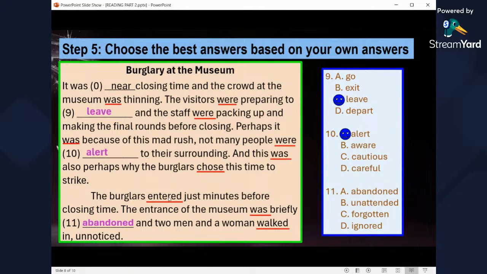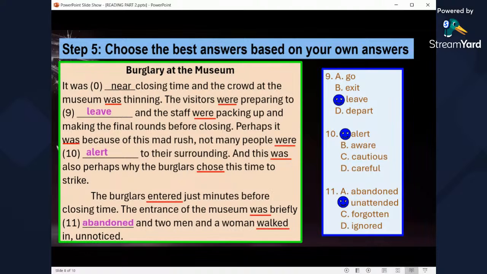Okay, let's look at the last one. I know the abandon is here, but the answer is unattended. Did anybody choose unattended just now? Unguarded, yes. All right. So if you chose unguarded, you might be wondering, okay, now I got unguarded.